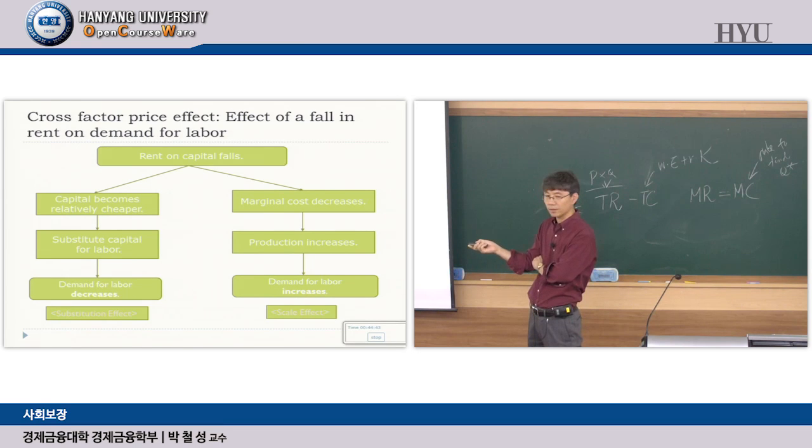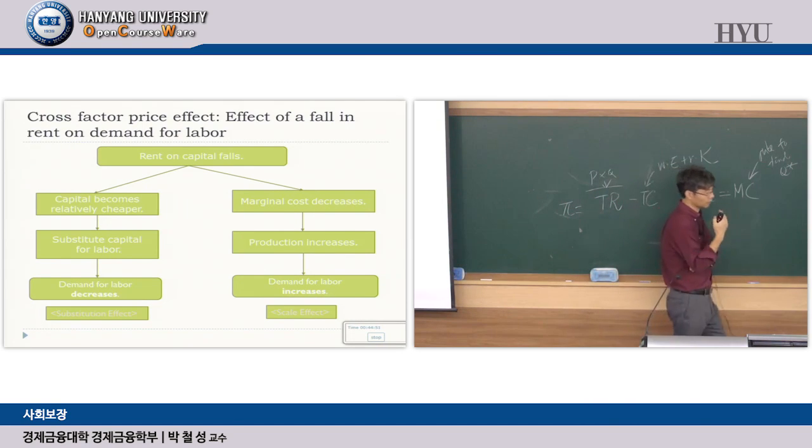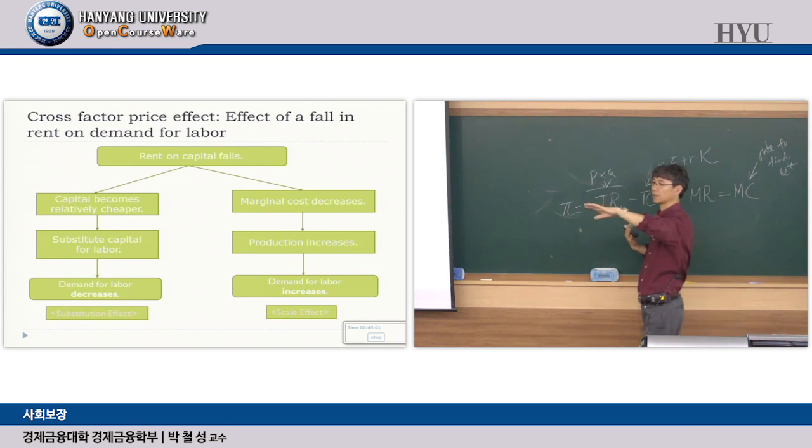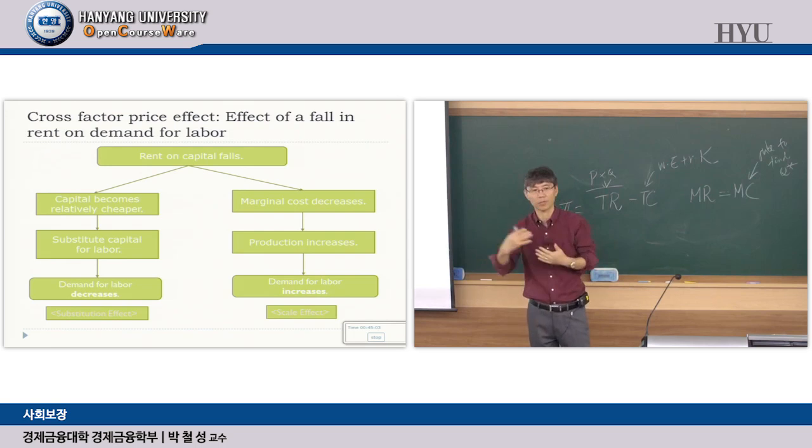So by the substitution effect, demand for labor falls, and by the scale effect, demand for labor increases. In this case, scale and substitution effects work in two different ways. When the wage changes, scale and substitution effects work in the same direction. When the rent changes, or when the other input's price changes, they work in opposite directions.